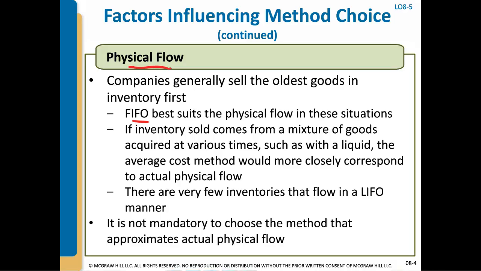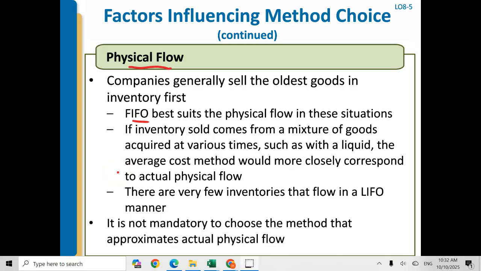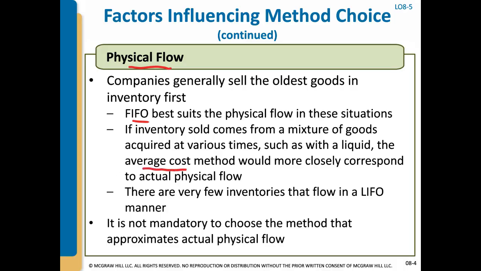And if you have a company where the inventory comes from a whole bunch of different items, then maybe the average cost method might match your physical flow better. And there are actually very few inventories that physically flow in a LIFO manner. So you can choose any one you want. It doesn't have to follow your actual physical flow, although that might be helpful, but it's not required.